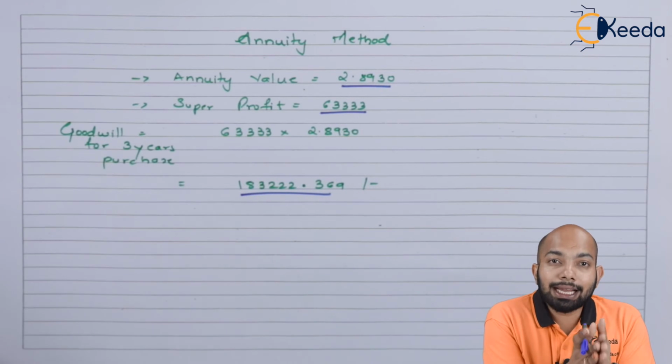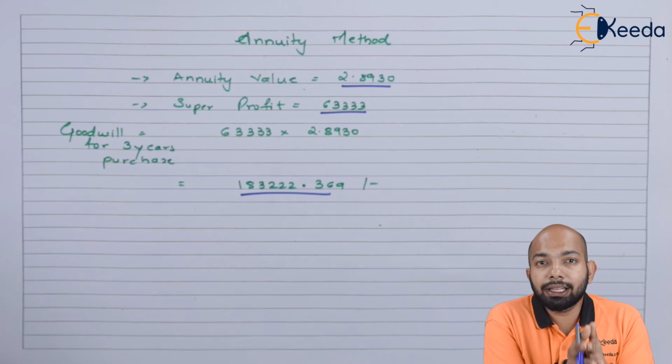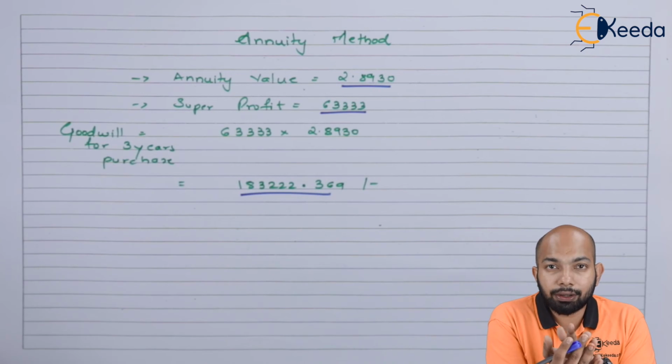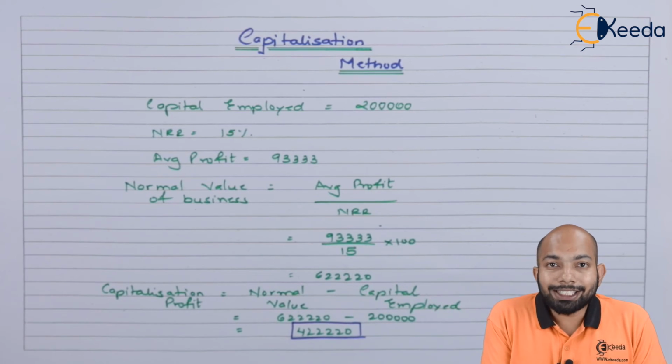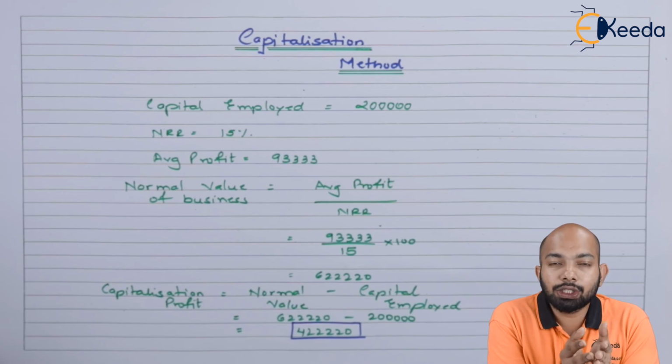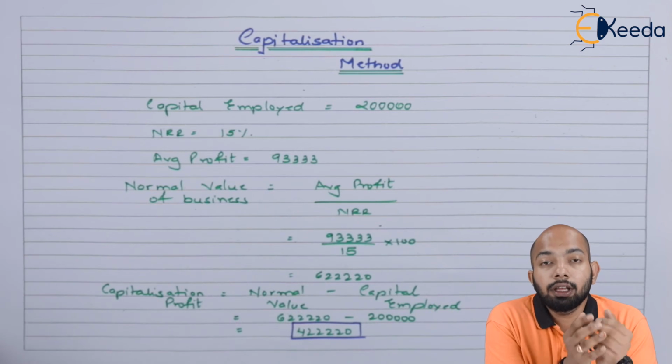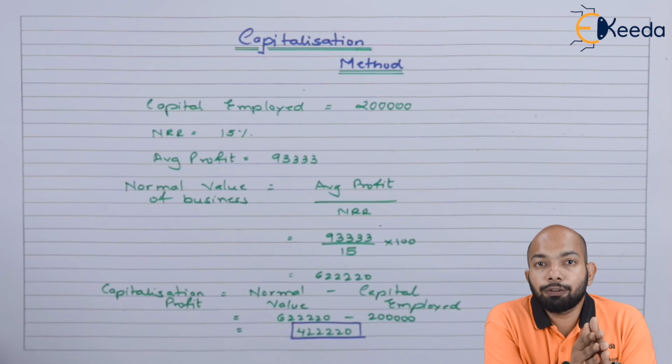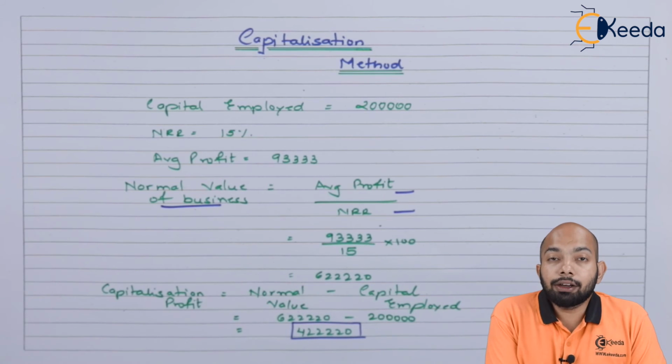We'll go ahead with the last method and understand how to use a capitalization method under this kind of scenario. So we can figure out, we have also mentioned all these details under capitalization method as well. What you have taken into consideration is the capital employed, the normal rate of return, and the average profit. We have first figured out the normal value of the business, which is equivalent to average profit divided by normal rate of return.